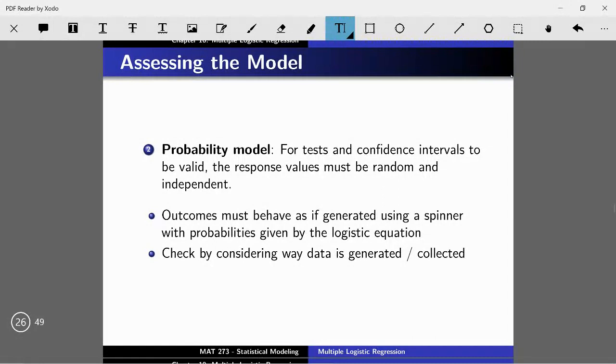We can't have, for example, what's the probability that a day has snow or not, using the number of inches of snow that day as a predictor?